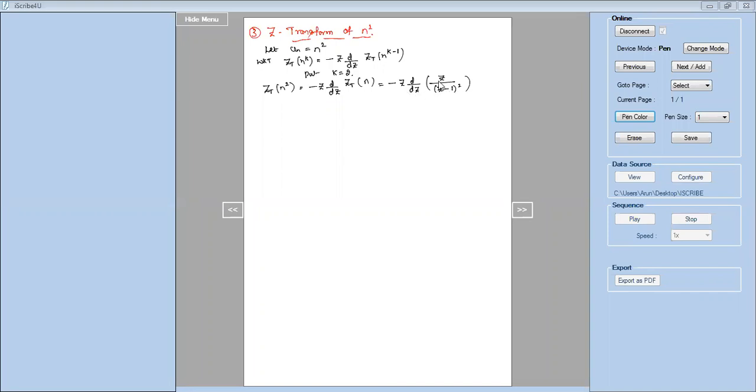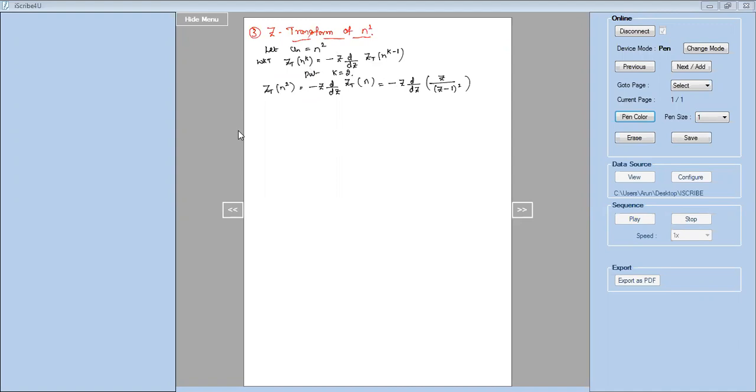If I differentiate this using the u by v quotient rule, I'll get the z transform of n square. So it is easy to derive. From here onwards, for higher degree terms, if you want to find z transforms of n square, n cube and all, I may use this relation. So let us differentiate this.